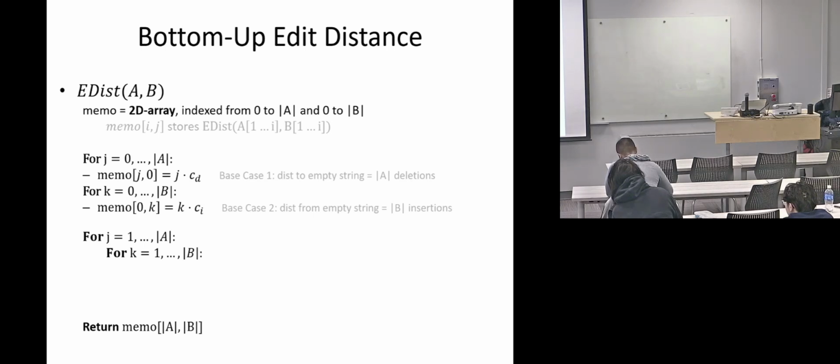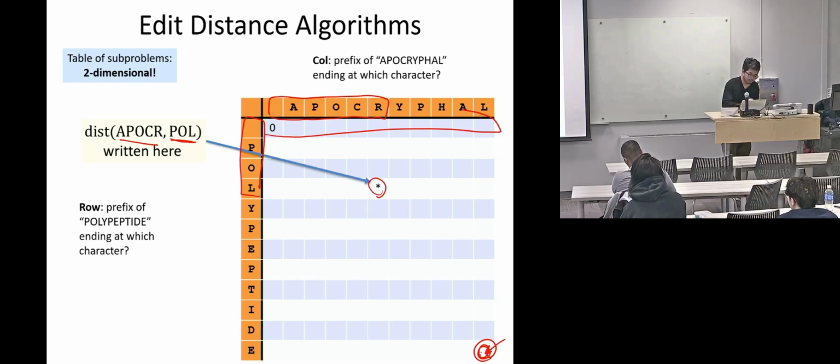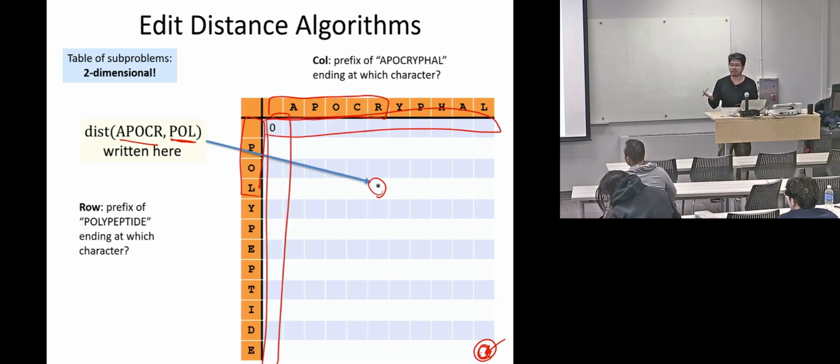Memo j0 is just the distance from the j prefix of A to the empty string. You just need to delete everything, j times. And this is the distance from the empty string to the k prefix of B, so you just need to insert k times. That's the first row and the first column. That's our base case.